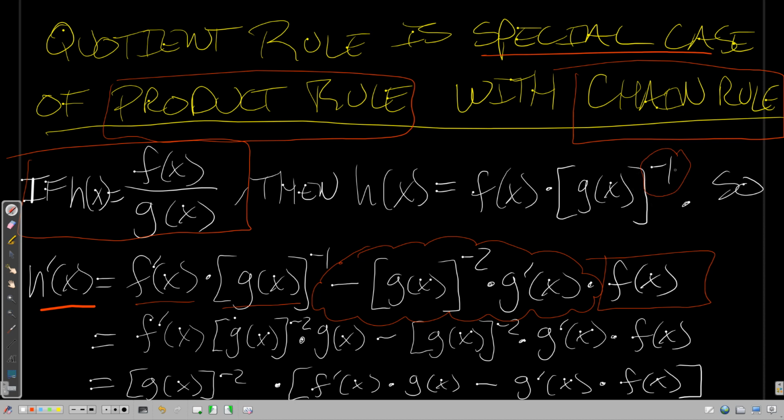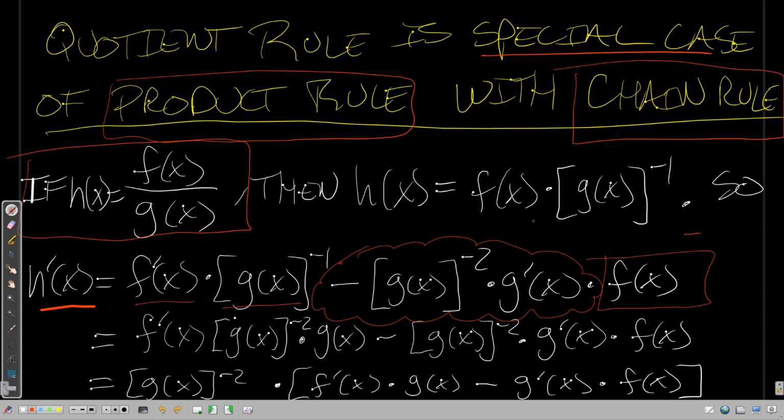The outer function looks like something to the -1 power. The derivative of a something to the -1 power is -1 times that something to the -2. And what is that something? It's g of x. So I have to multiply by g prime of x. There it is.